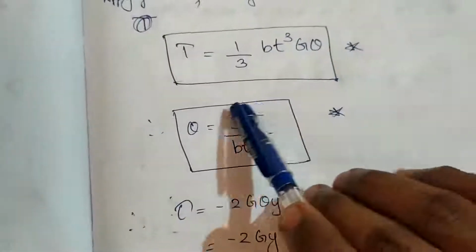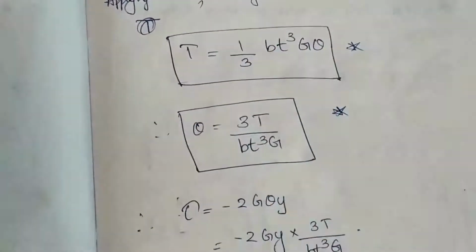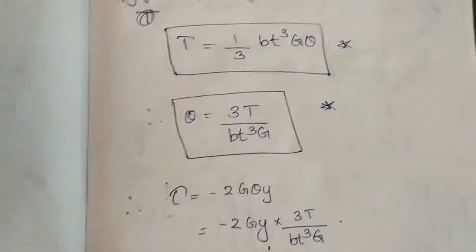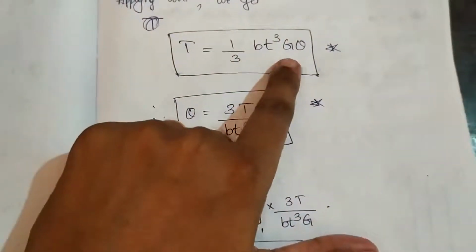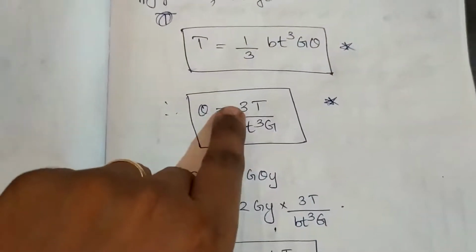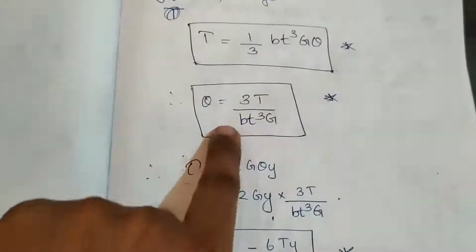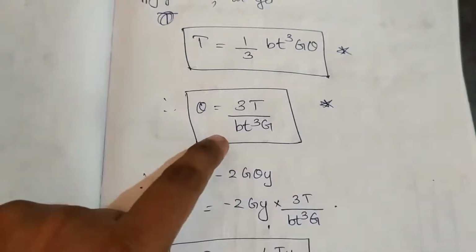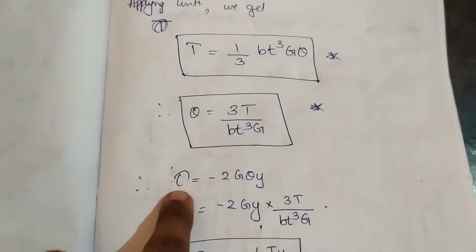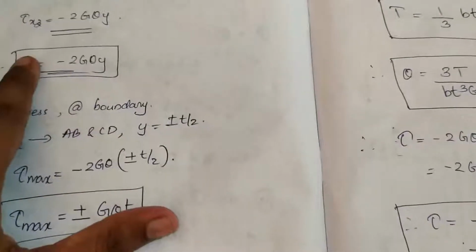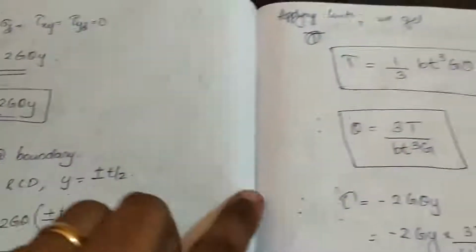The torque for a thin-walled rectangular cross section is T equal to 1 by 3 b t cube G theta. Theta is equal to 3T by b t cube G. Now apply this theta in the equation of tau, right?